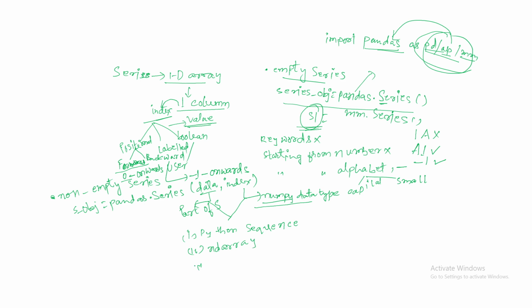Number 3, Python dictionary. Number 4, scalar value.